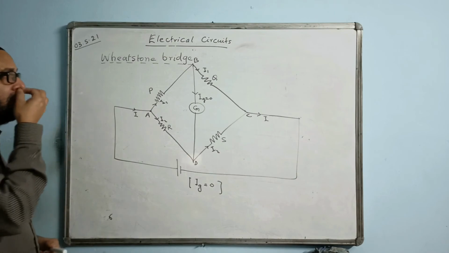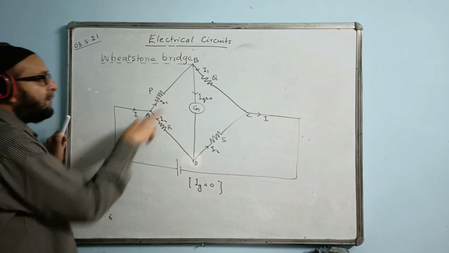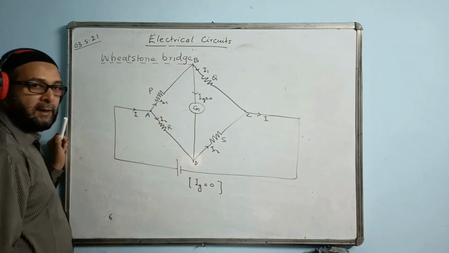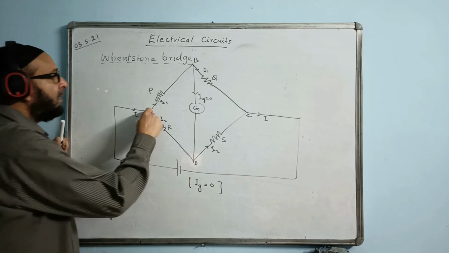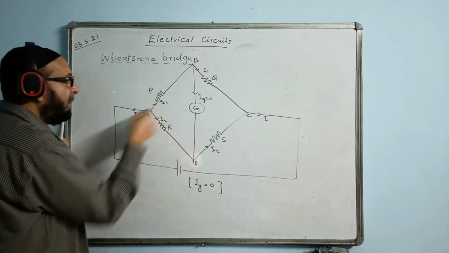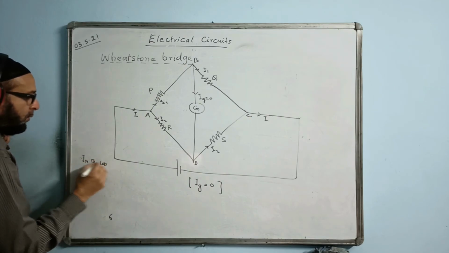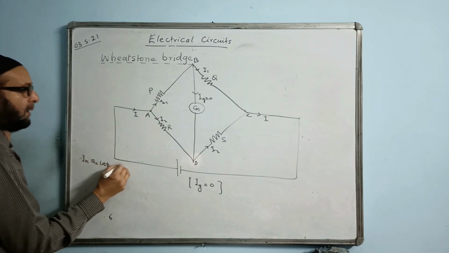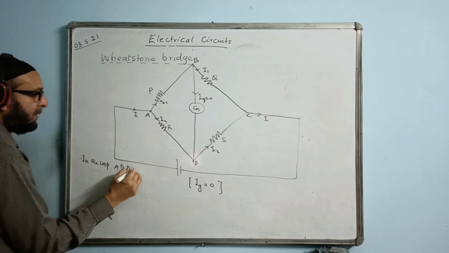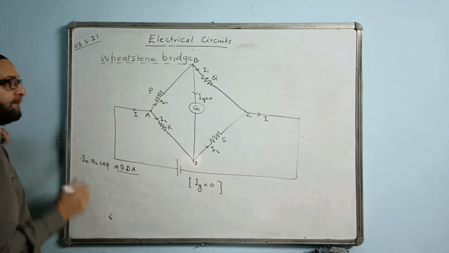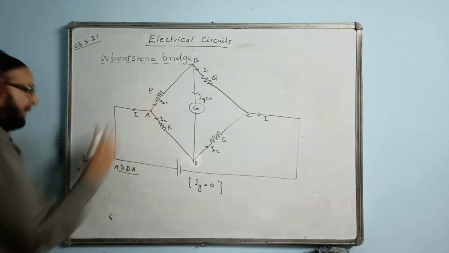Now, there are two unknowns, I1 and I2, so two equations, and then we'll solve. I take the loop A, B, D, A. I write I1P.